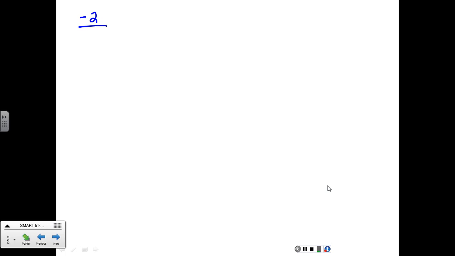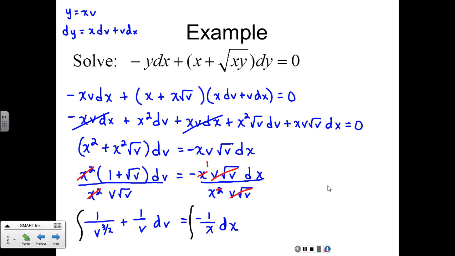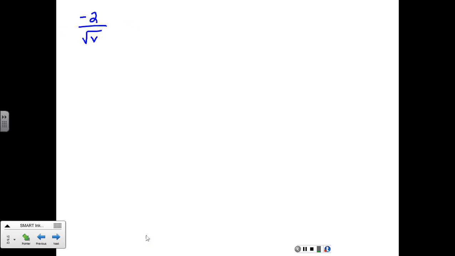Do y'all agree with that? For that one little term, that's the antiderivative of that. What's the antiderivative of 1 over v? Natural log of v. Good job.